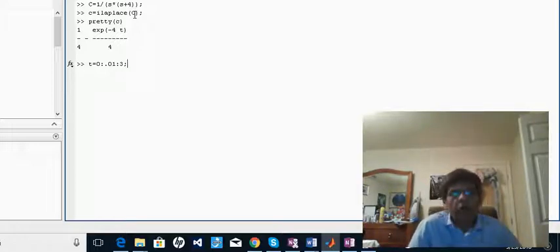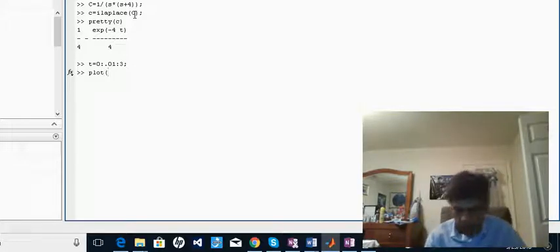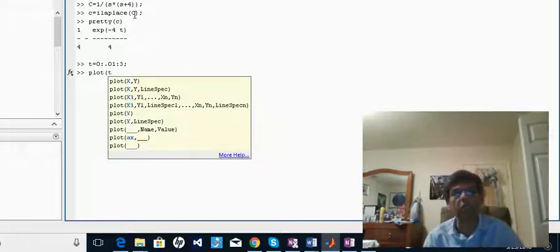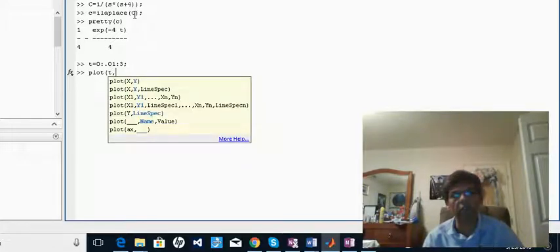So here we go, and now we are going to plot this. To plot something in MATLAB is a very easy command called plot, and we want to do t comma y. So t is the horizontal axis here, and we are trying to plot that equation. So we're going to put that equation in there.